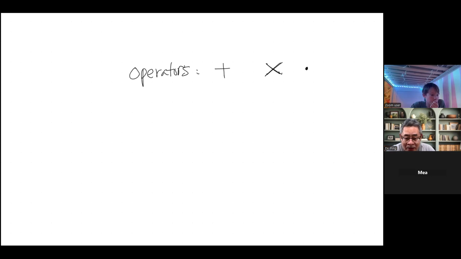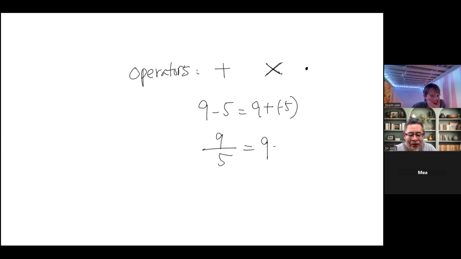Also, the reason we're dealing with just two operators is because subtraction, like 9 minus 5, we can change to 9 plus negative 5, because in algebra we have negative numbers. And again, division, for example 9 divided by 5, we can always write as 9 times 1/5. So as far as the rules go, we're concerned with just those two. Okay, so what are our rules?